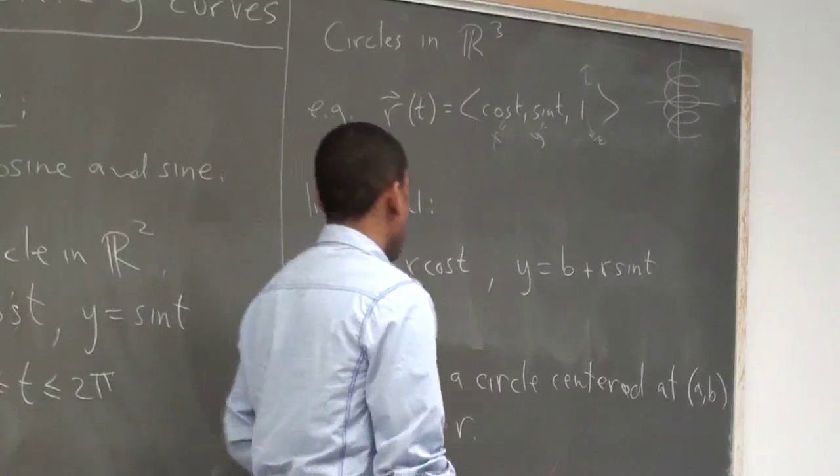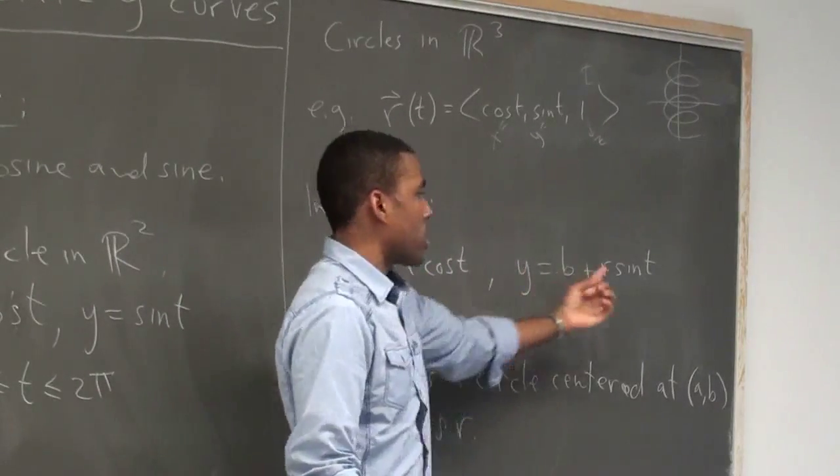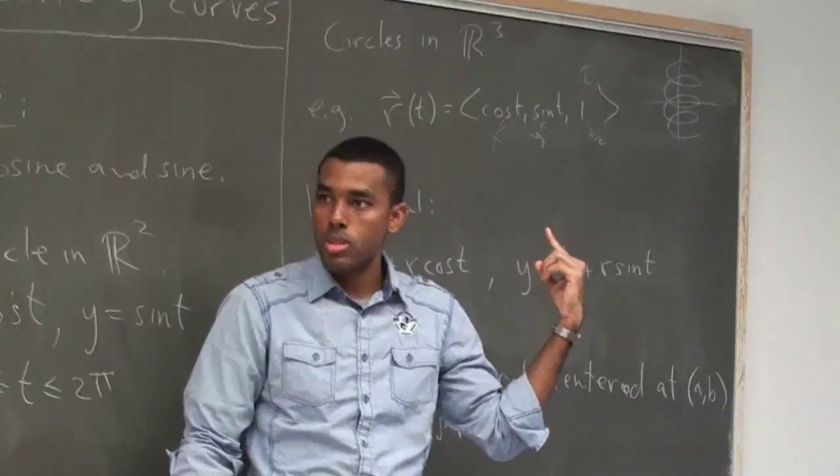If the r here is the same, you get a circle. If the constants in front of the sine and cosine are different, you get an ellipse.